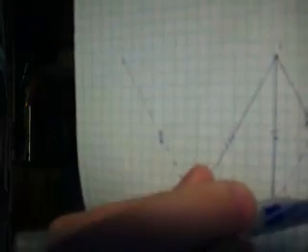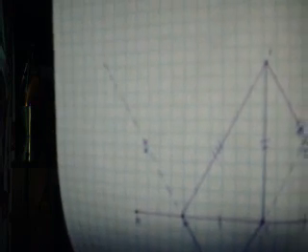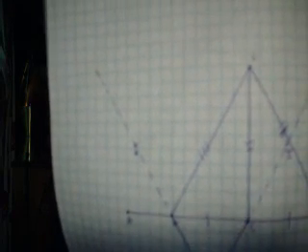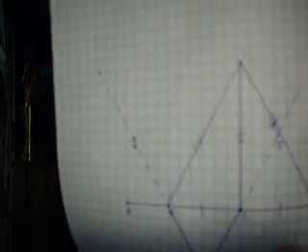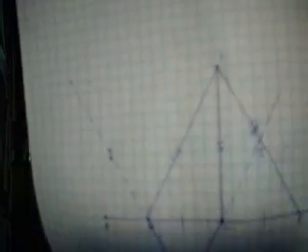Alright, now that we've done that, we form yet another equilateral triangle, DFE. And because of this, we can safely say that DF equals FE. Why? Because in an equilateral triangle, all sides of the triangle are equal.